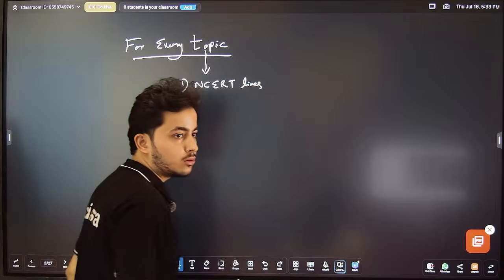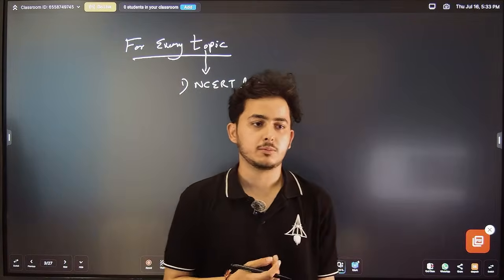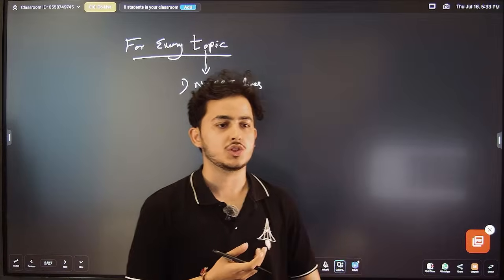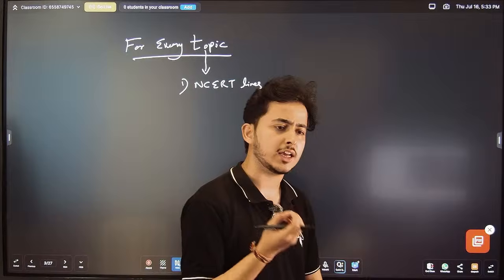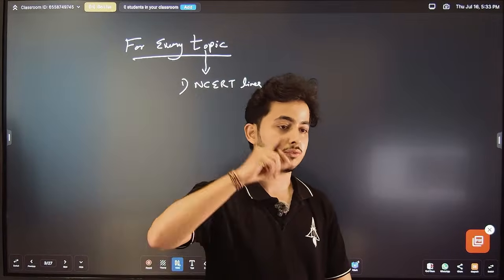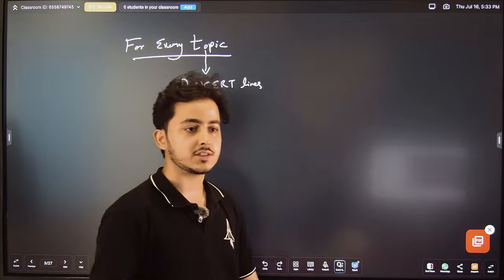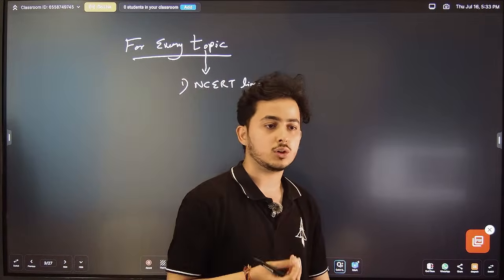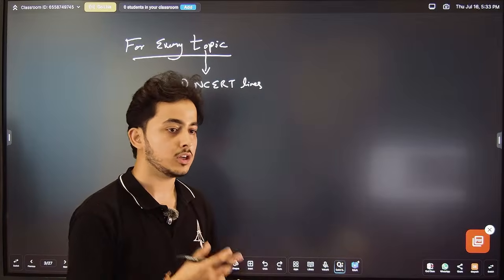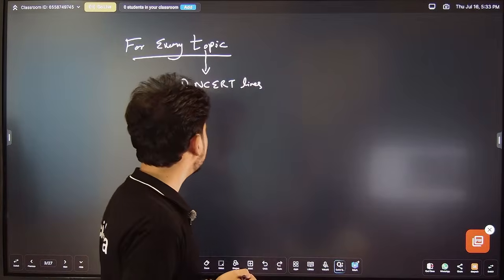As you know, you are also preparing for the NEET exam. In NEET, NCERT has most of the weightage for biology and most of the questions are directly from the lines of NCERT. So we will first understand the topic, then we will refer to those lines so that when you read NCERT yourself, you have the confidence that yes, I am able to understand this particular topic, right? So this is the first thing.